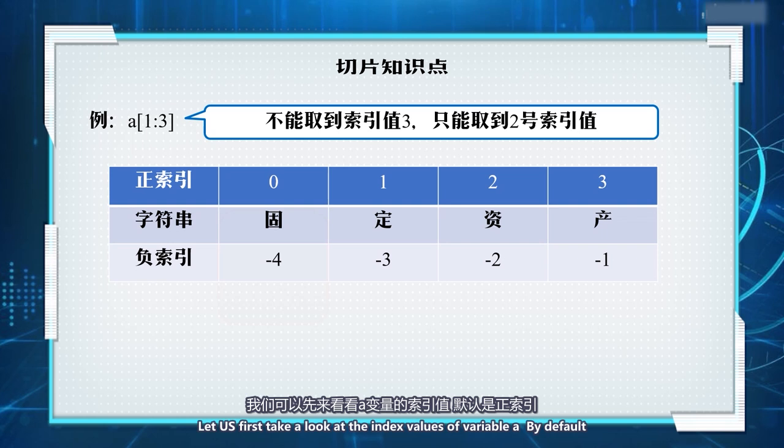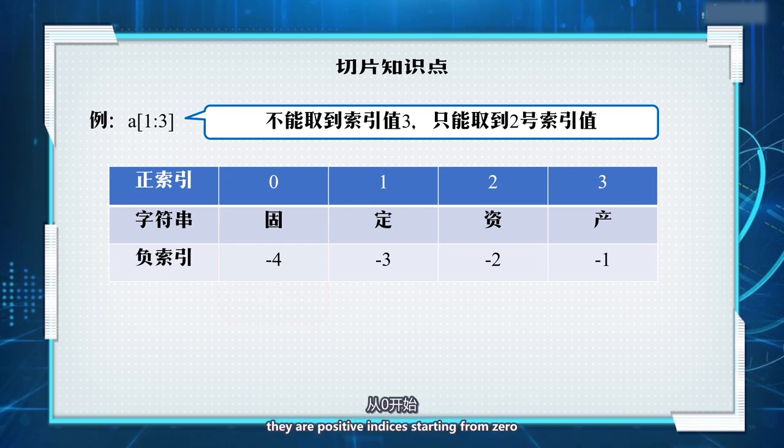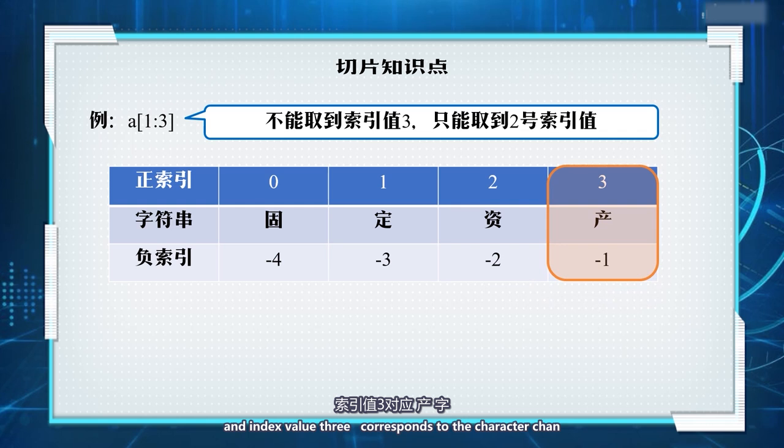Let us first take a look at the index values of variable A. By default, they are positive indices starting from 0, which corresponds to the character "固". Index value 1 corresponds to the character "定". Index value 2 corresponds to the character "资", and index value 3 corresponds to the character "产".